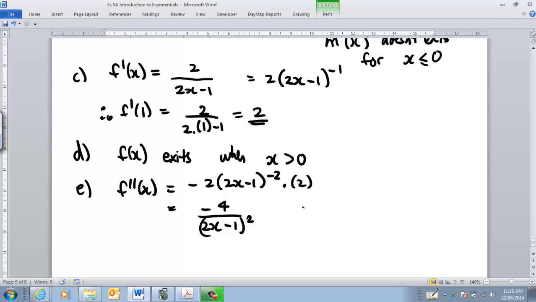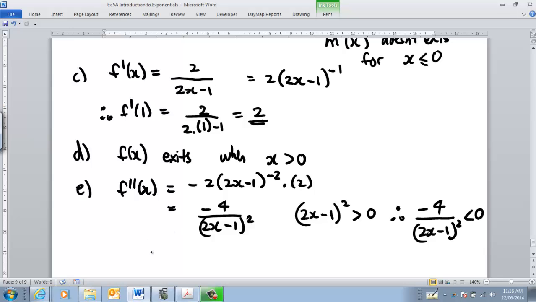For this value, we know that 2x take 1 squared is always going to be greater than 0. Doesn't matter what value of x is. And so therefore, negative 4 all over 2x take 1 squared is always going to be less than 0.